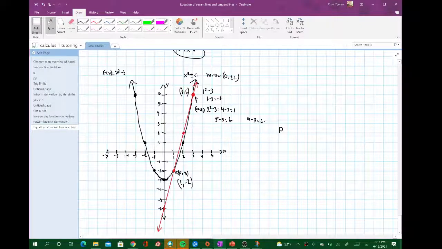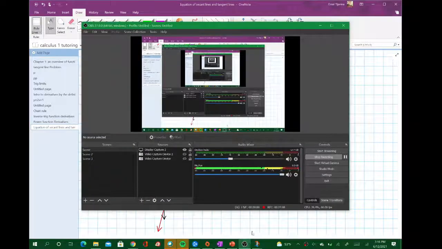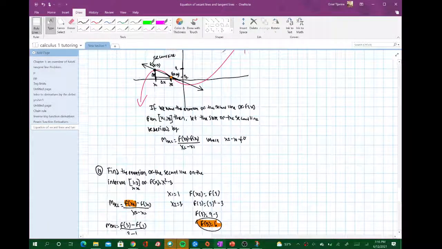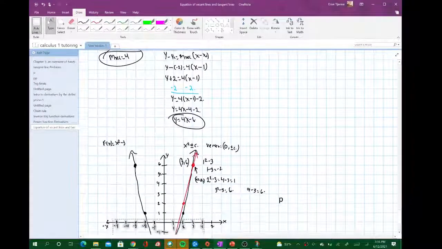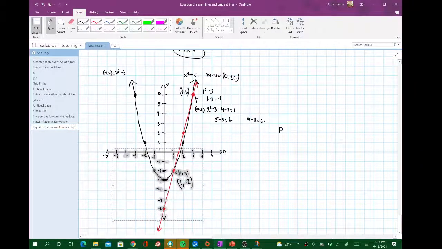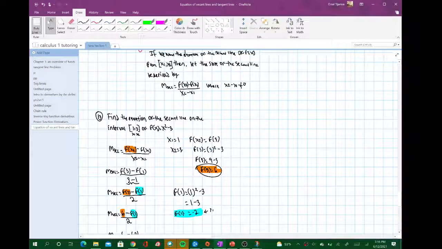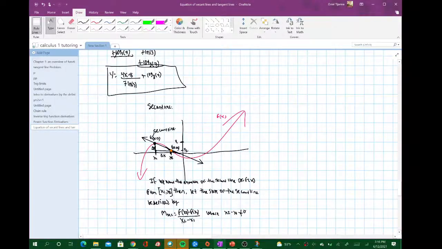So, I'm gonna stop the video here, guys. If anybody has any questions about this one, or about how to find an equation of a secant line, let me know. In the next video we are gonna do more, and I only did one example because obviously I was defining what this is, right?